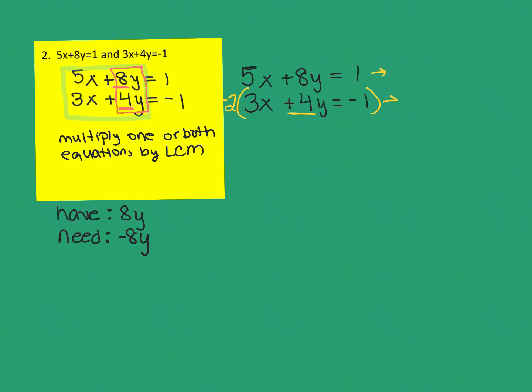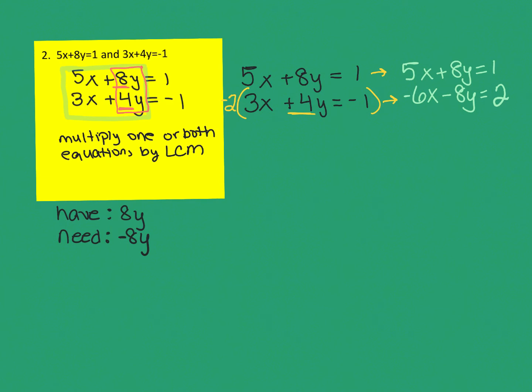So here's what's going to happen. I like to rewrite things a couple of times so that I have everything I need. So my 5x plus 8y equation stays. So I'm just rewriting it so that everything stays lined up. I'm going to get negative 6x minus 8y equals a positive 2.